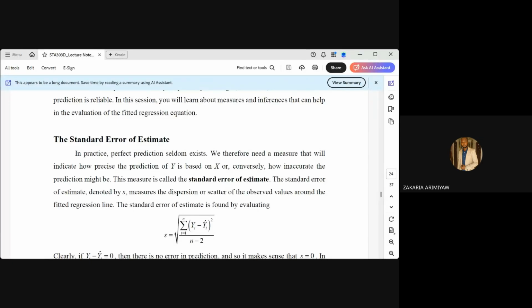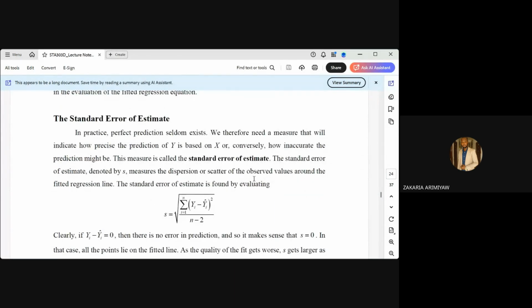The standard error of estimate is represented by the letter small s. So that is the notation. In this presentation, anytime you come across s, it is measuring the standard error of estimate. When we discussed the assumptions of the linear regression model, we made mention of the normal distribution, which has a mean and a variance.